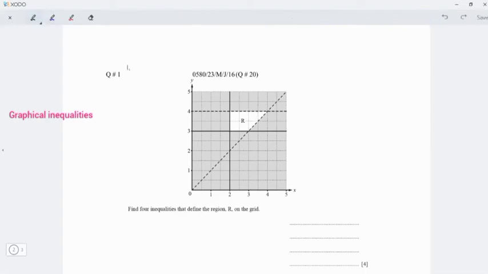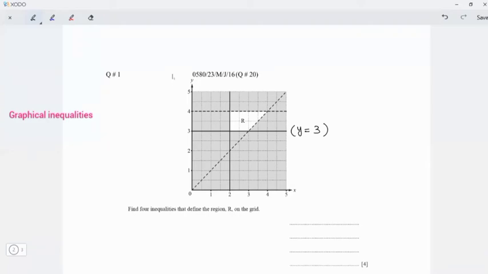The equation of this line is y equals 3. If the line is parallel to the x-axis, we have to look at the region, whether the region is above this line or below this line. Then we can simply write it in terms of inequalities.